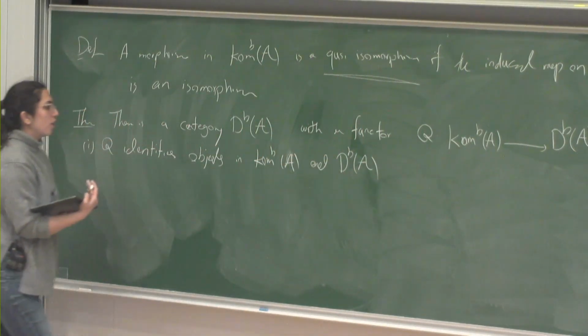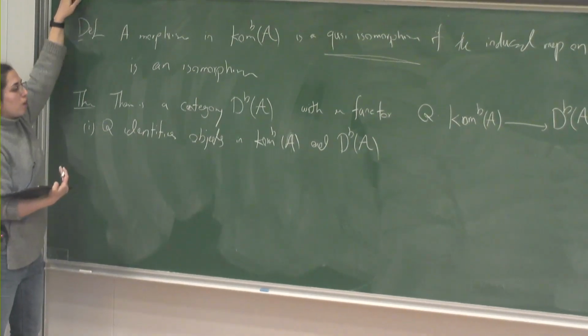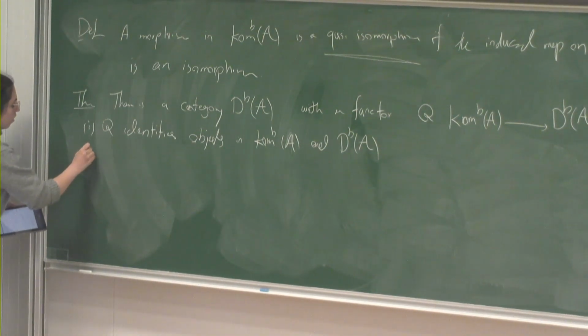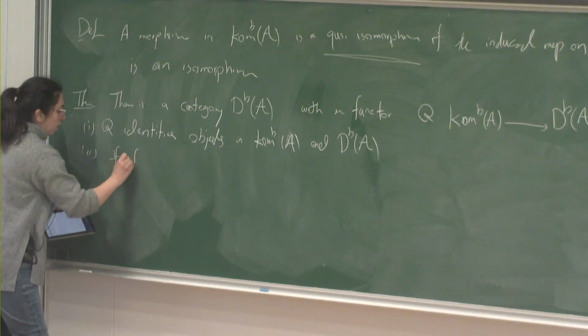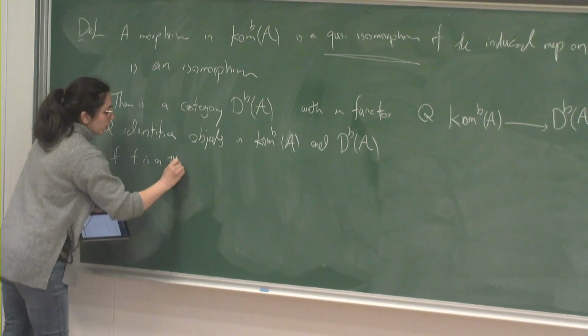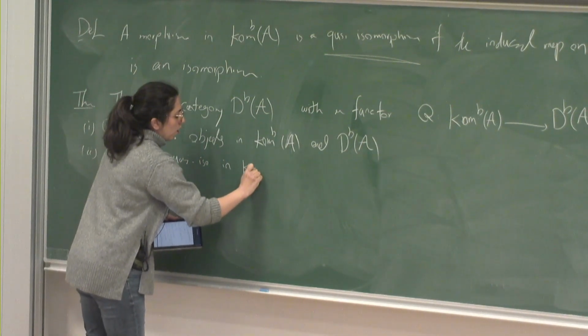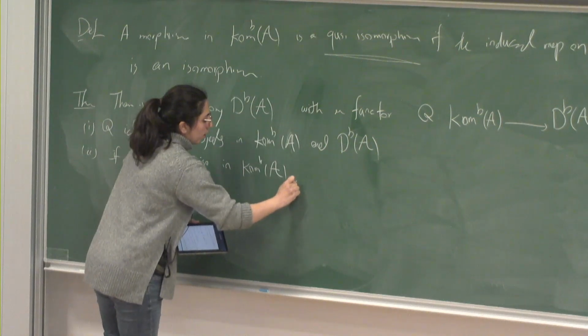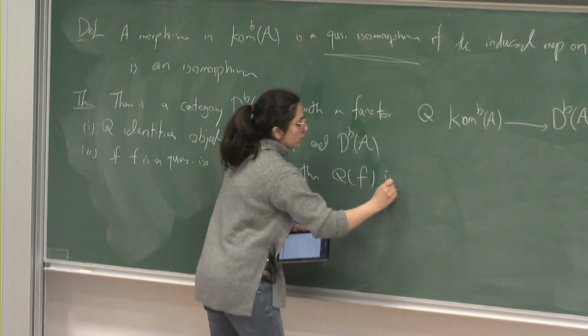This is just what I told you: we only care about the cohomologies of a complex, not each of the objects itself. So if f is a quasi-isomorphism in Com^b(A), then Q(f) is an isomorphism.